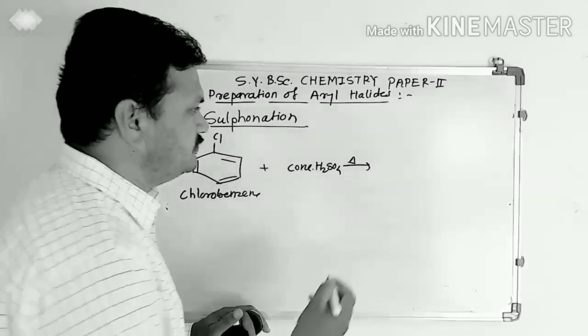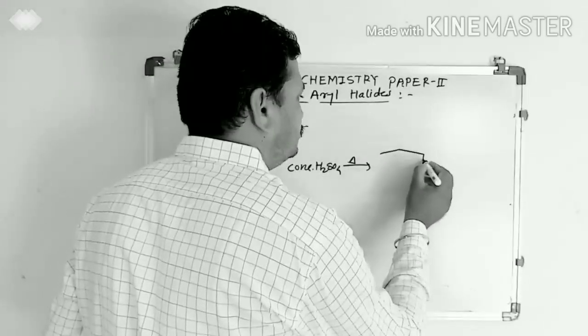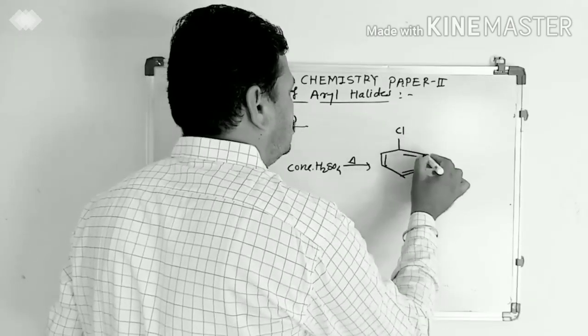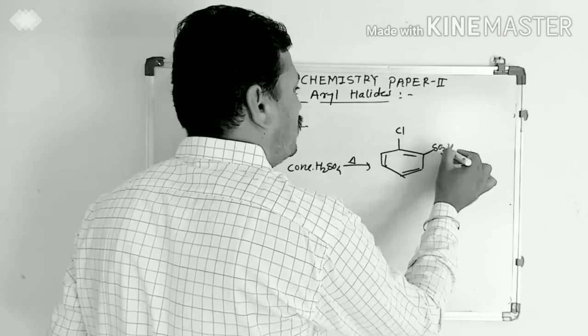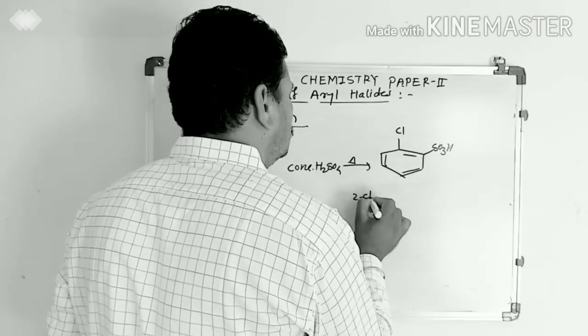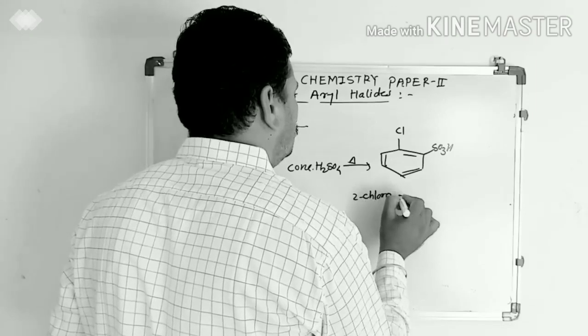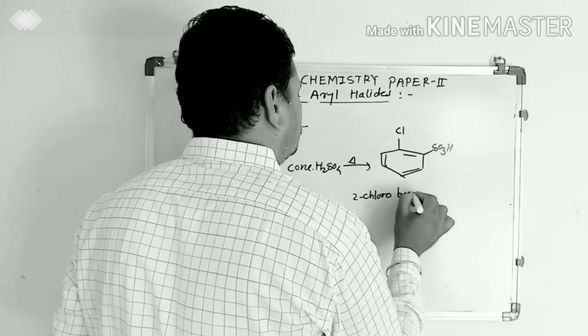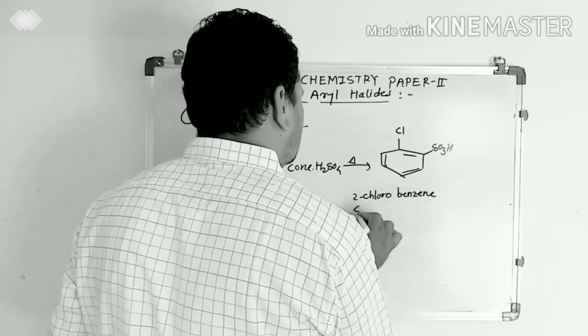Again we get two types of the products. It is ortho and para. SO3H, it is ortho product. It is 2-chlorobenzene sulfonic acid.